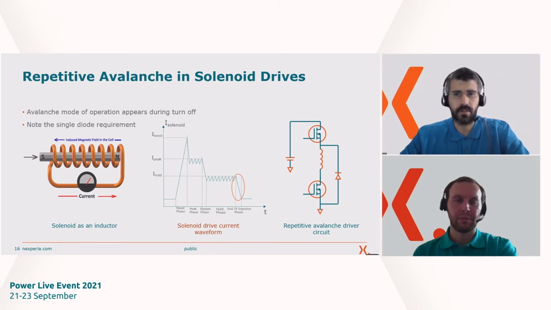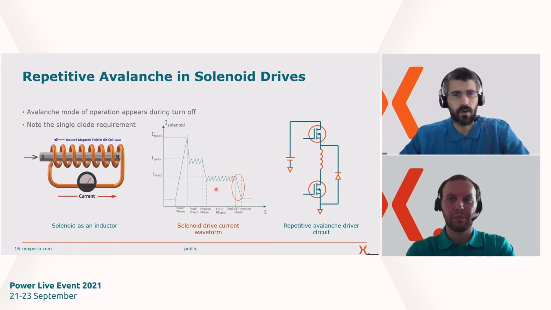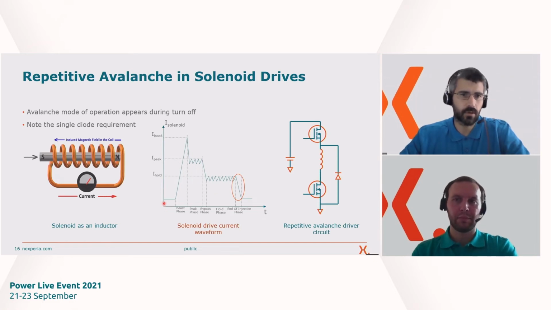The operation is similar to relays and other inductive actuators, but instead of applying a simple square voltage waveform, we control the current of the solenoid. So to set the core in motion, we apply a large current, and then to keep it in motion, again, a pretty large current is applied.